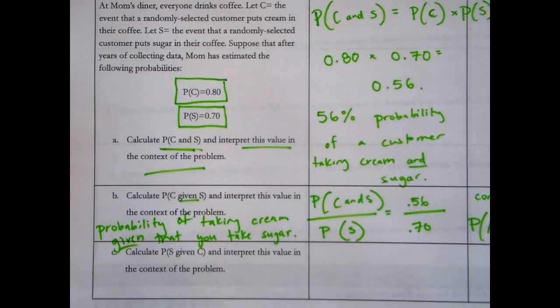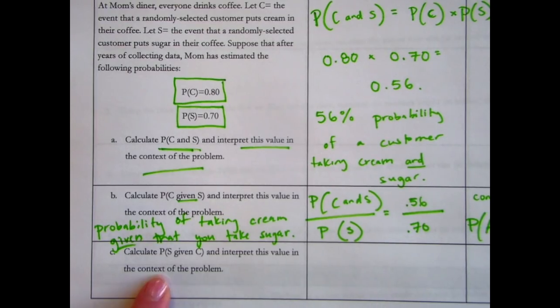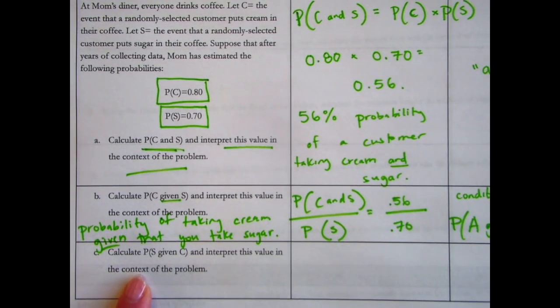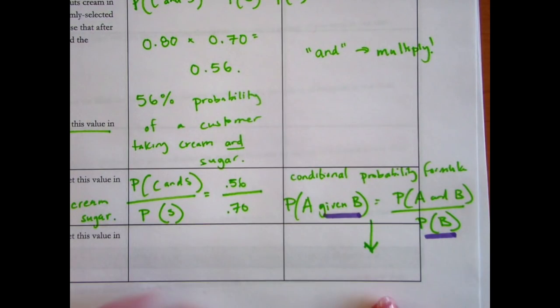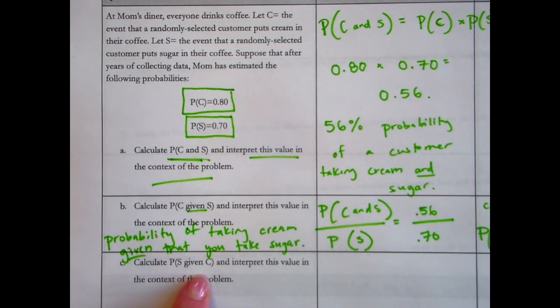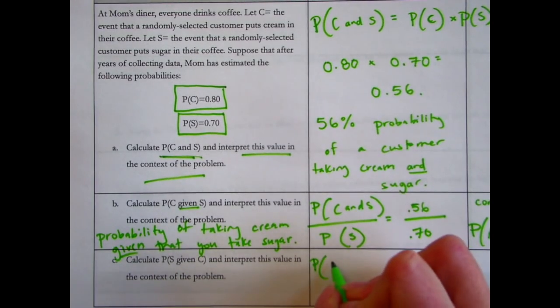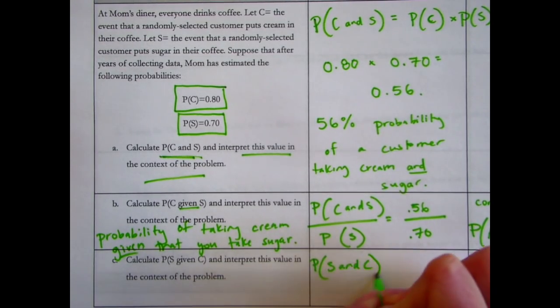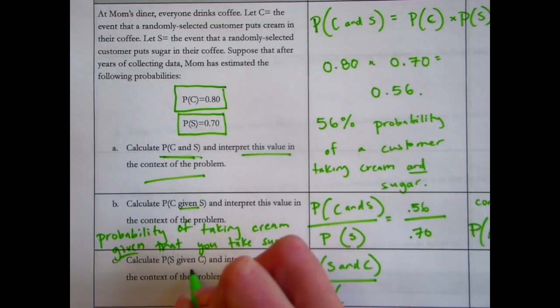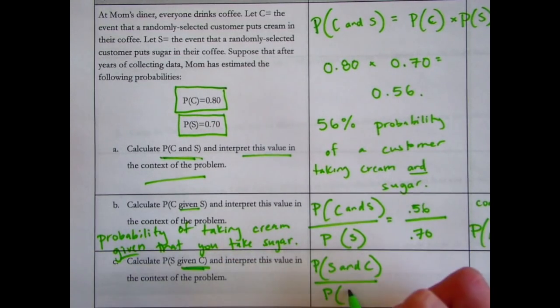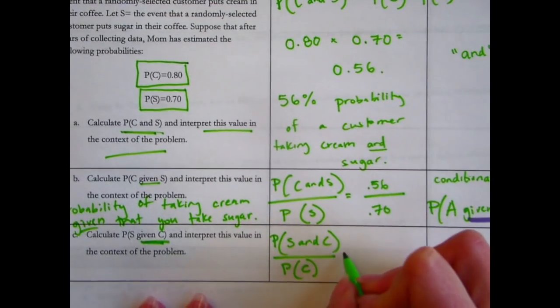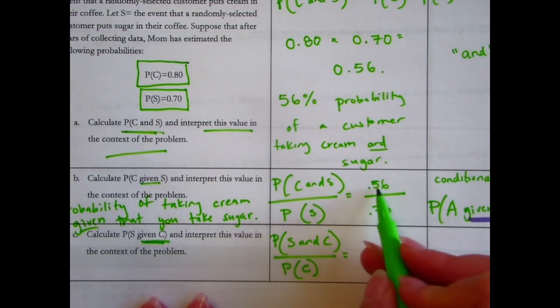Alright, the next one is just a flip of that same problem, so the key probability formula. In this case, the letters are flipped, so probability of S given C, which is the probability of S and C, over the probability of, now the C comes after the given, so it's going to be divided by the probability of C. Again, the numerator is going to be the same, the probability of cream and sugar, 0.56, but now the denominator is the probability of cream.